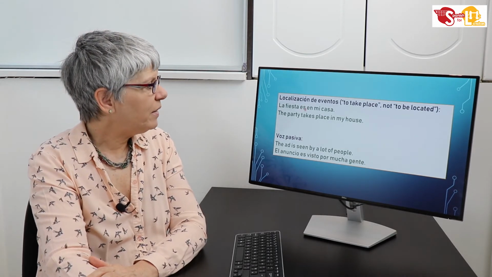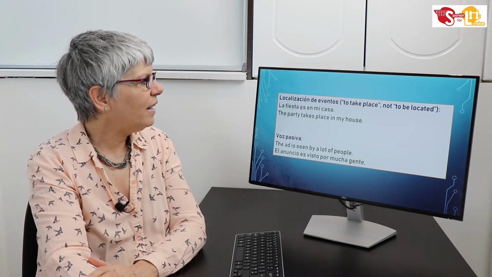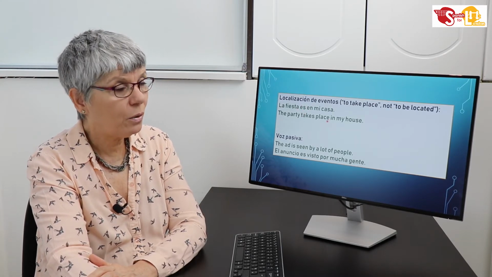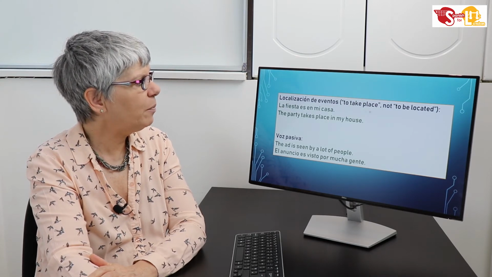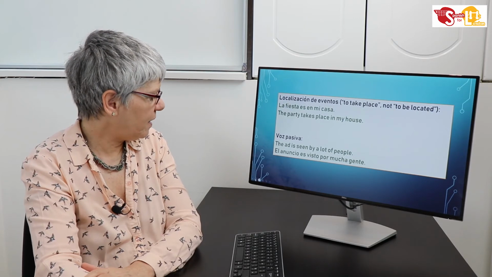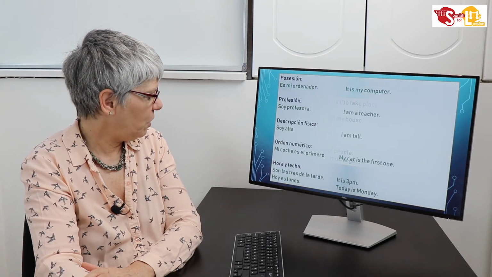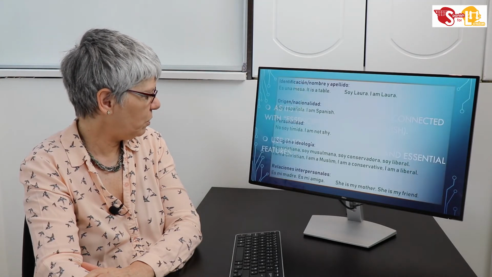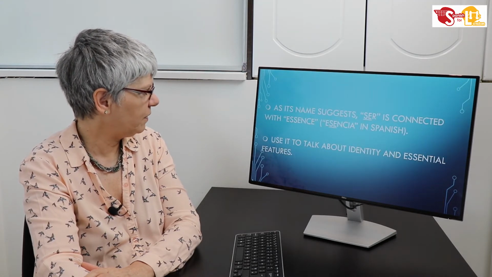So, remember the difference between la fiesta es en mi casa, the party takes place in my house, which is not the same as to be located. When we want to say that something is located in one place, we use estar. Do you remember this? Let me show you so you will see the difference.